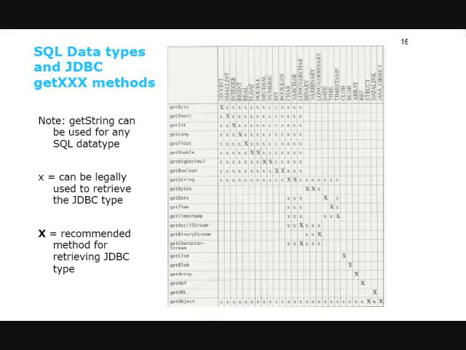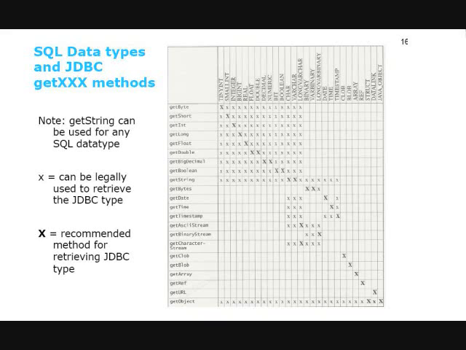So for example, if I look at getByte, that I should really use for something that is of type tiny int, although I could also use it for all of the others, including up to long varchar. It will still get that, but it might not be the correct thing to use. If I look at getInt, then I want to use that for integers, but it might also work for all of the other types where there is a little x.